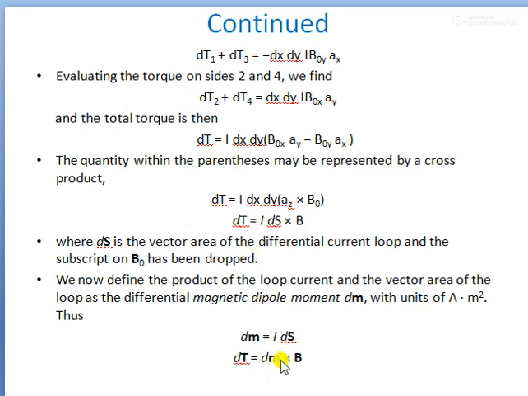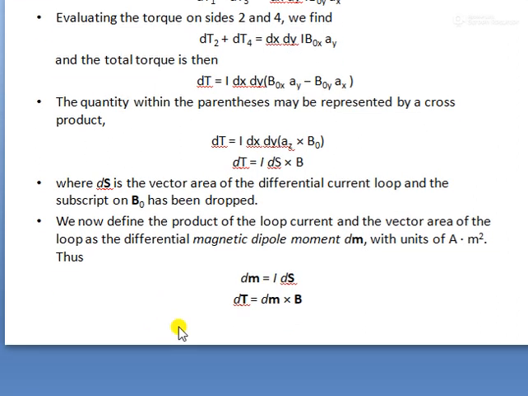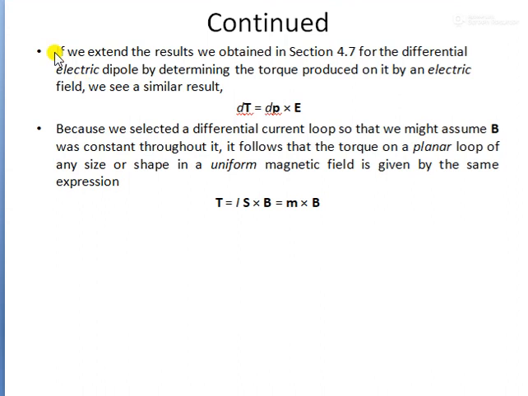So dT will be equal to dm cross B. So dm is nothing but the magnetic dipole moment I dS. Or if we extend the results we obtained in section 4.7 for the differential electric dipole by determining the torque produced by the electric field, we see a similar result: dT is equal to dp cross E.